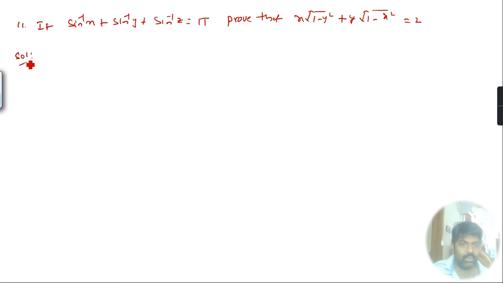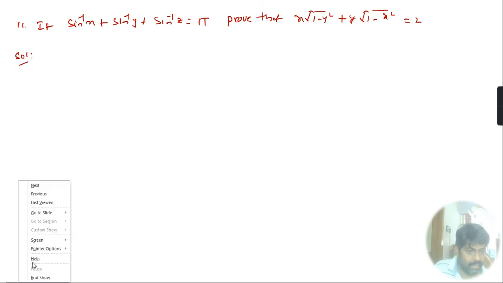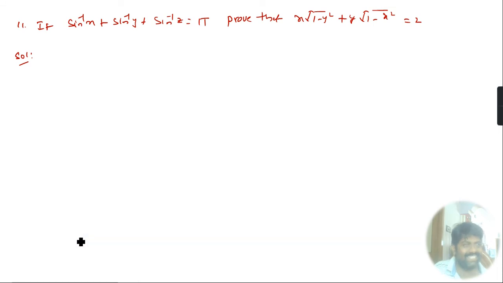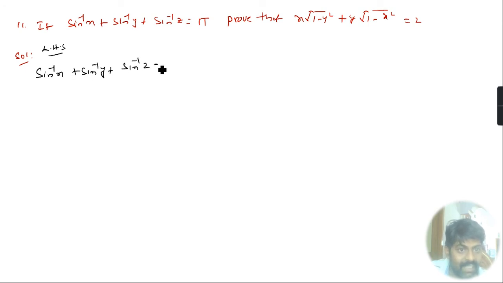So the solution is: the LHS is equal to sin inverse x plus sin inverse y plus sin inverse z is equal to pi, and this term will be converted into this side, that is sin inverse x plus sin inverse y equal to pi minus sin inverse z.